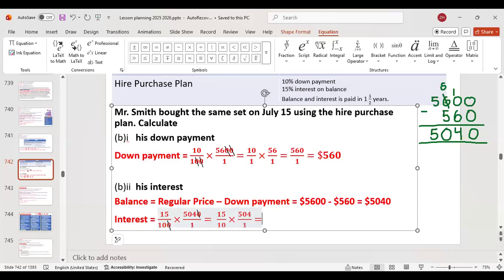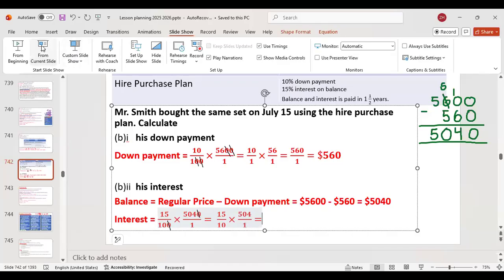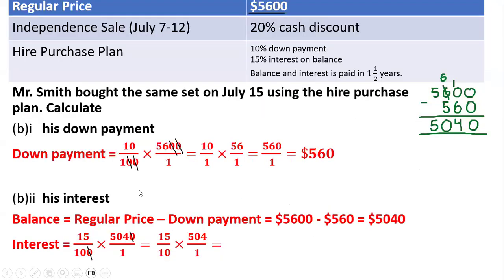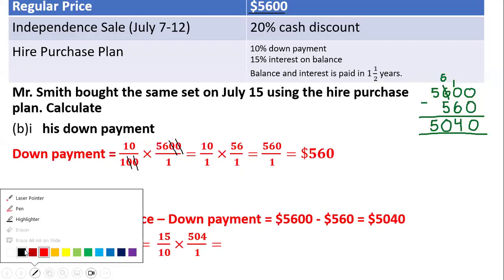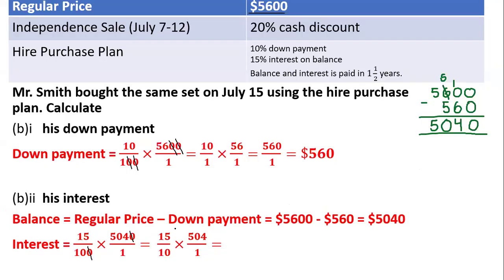Very good. What could we do here? Multiply 15 times 504. So let's go ahead and do that.